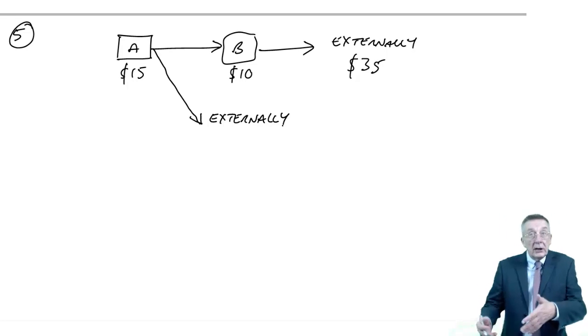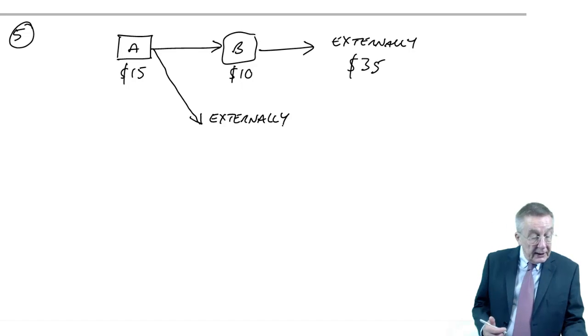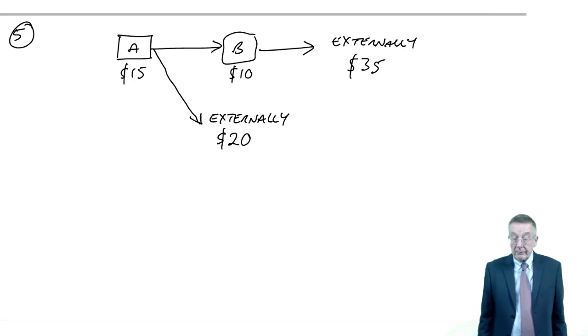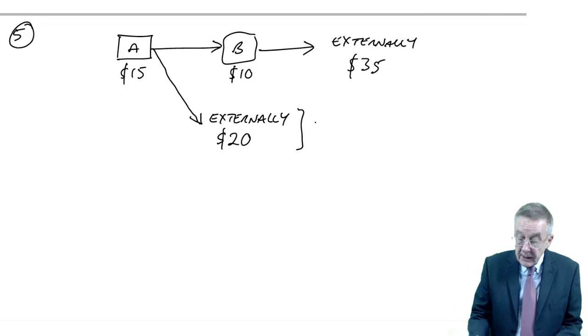But because they are going to need some extra work done on them, they can sell externally, not at 35, at a lower price. They can sell externally for 20. And incidentally, if they can sell it externally, sometimes you see this called an intermediate market.